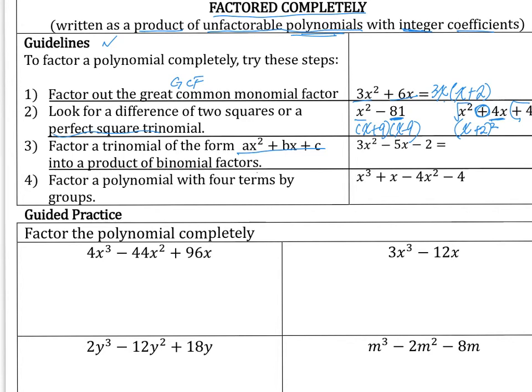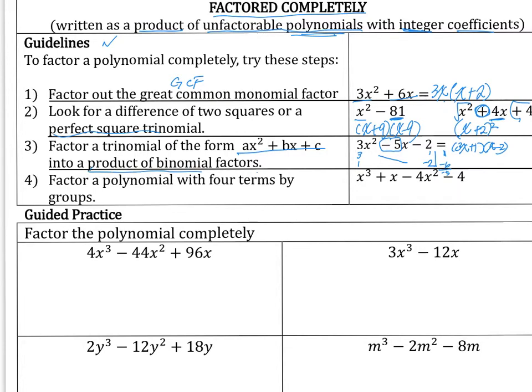So I can first find my magic pairs, and I see that when I cross 3 times negative 2, I get negative 6 here. 1 times 1, 1. 1 plus negative 6 gives me negative 5, which is equal to the coefficient of the second term. And now I can write my two factors. 3x plus 1 times x minus 2. So this is a product of binomial factors.